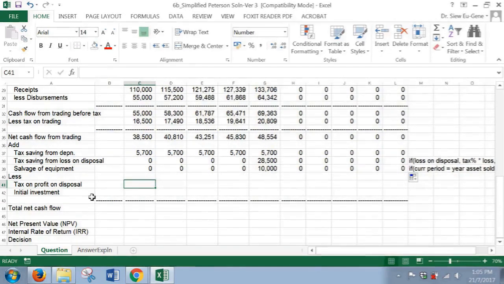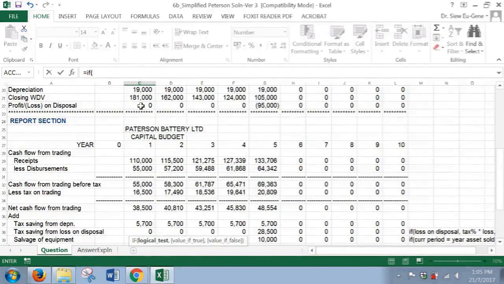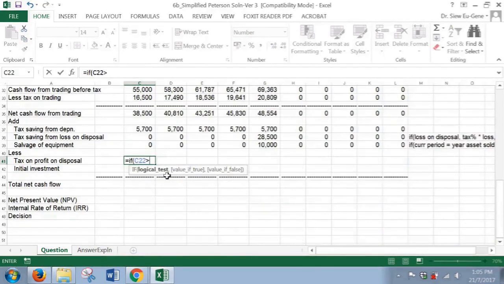Now, we are going to look at the tax on profit on disposal. All right. Again, this is the mirror image of tax savings from loss on disposal. So if there's a profit, let's say C22 is more than 0, that means we are making a profit. We have to pay more in taxes.